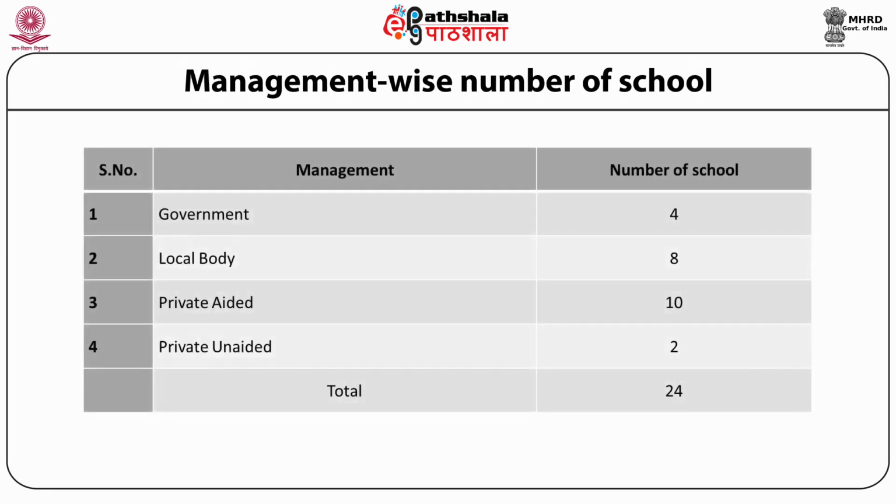As the table shows, management wise number of schools: serial number 1, 2, 3, 4, and management wise government, local body, private aided and private unaided. Number of schools are government 4, local body 8, private aided 10, private unaided 2. So the total number of schools in the town is 24.